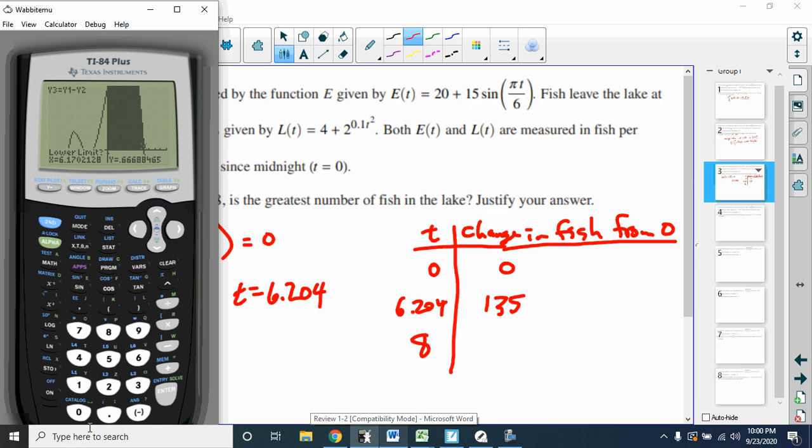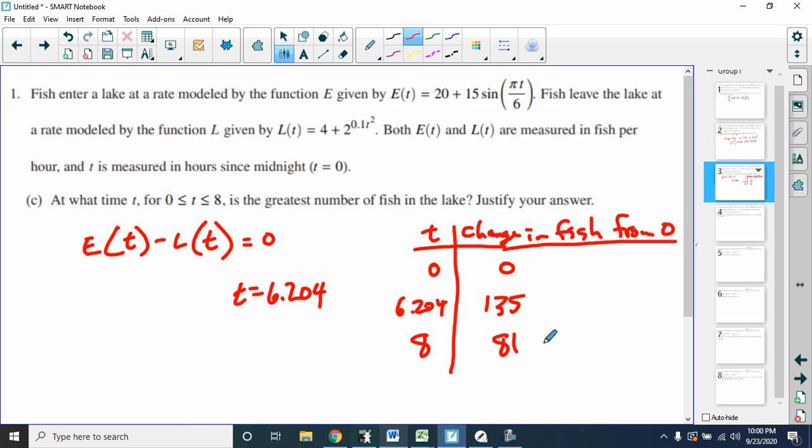And go from 0 all the way out to 8. 81. I probably should have rounded to 3 decimals there, but this shows that the maximum occurs at time 6.204.